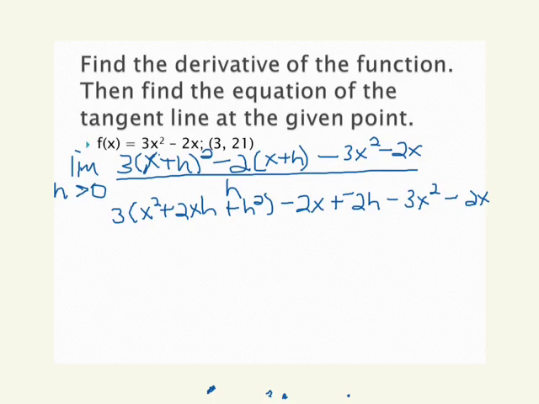All right, so we'll go ahead and distribute the 3. So we end up with 3x squared plus 6xh plus 3h squared. Bring in the rest, minus 2x, plus a negative 2h, minus 3x squared minus 2x.